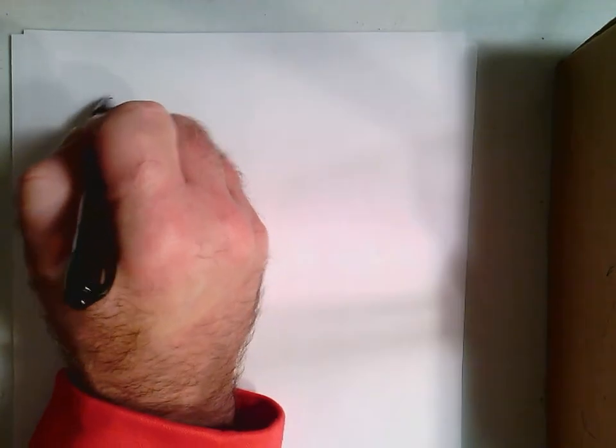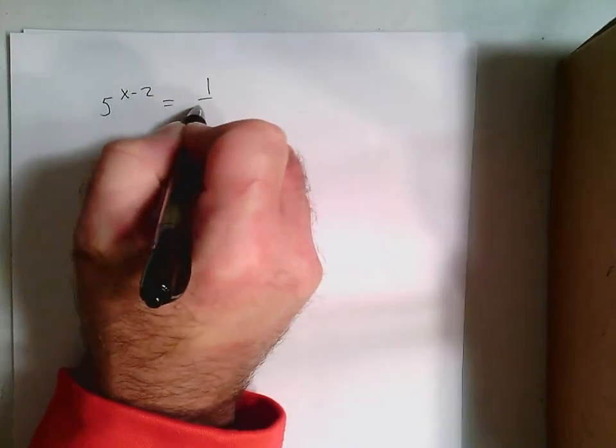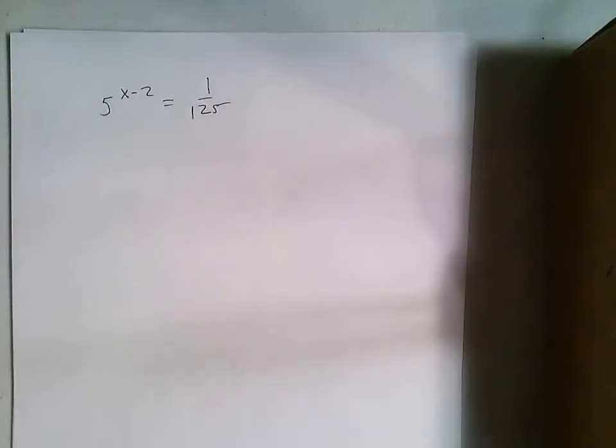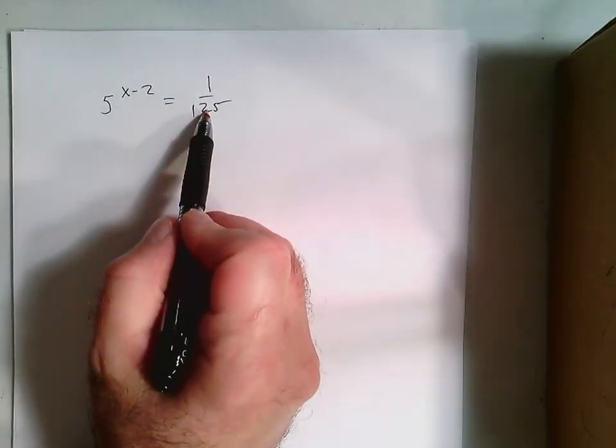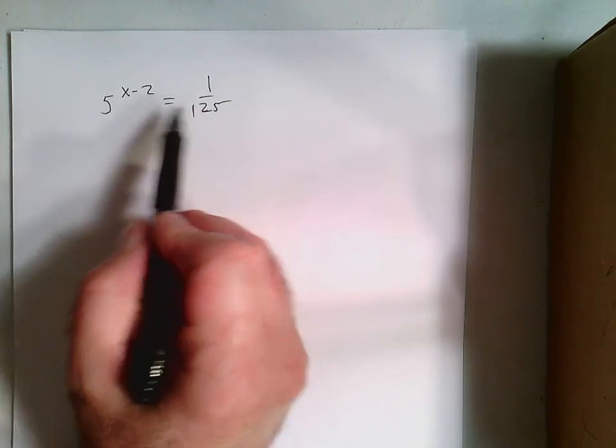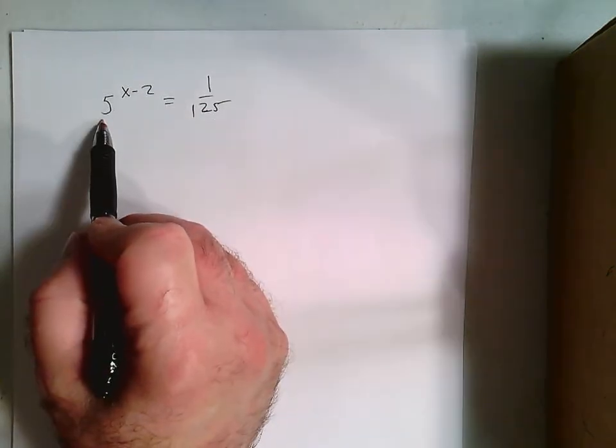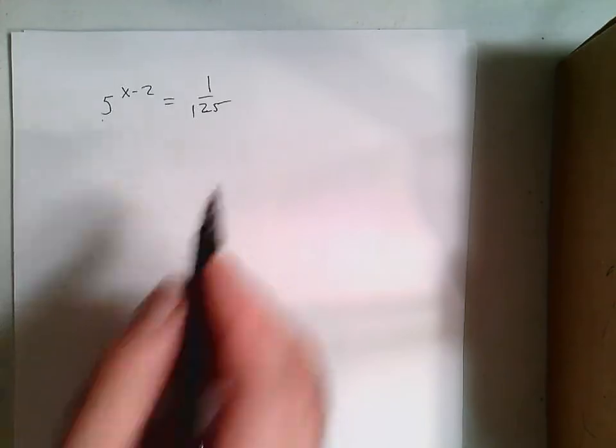So, we know what one-to-one means. So if I have an equation I'm trying to solve that looks like that, if I can rewrite this number in terms of something that has a base of 5, then I can utilize my one-to-one property.